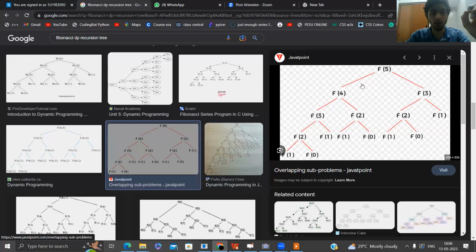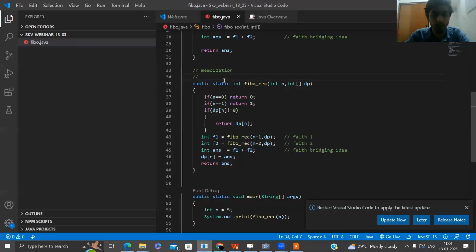There exists only one branch, because in this particular branch you're not going. So we can say that this time complexity is equal to linear time, order of n, which is linear.